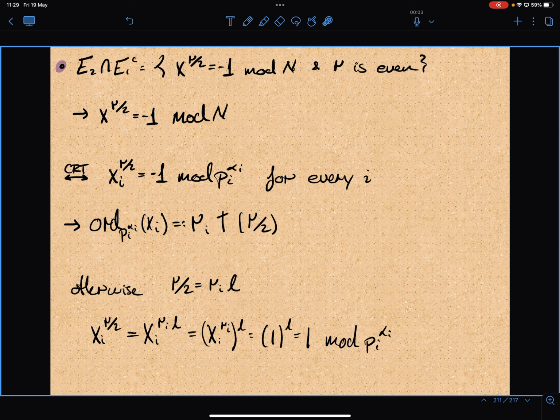So in this intersection of events, we have that x^(r/2) is equal to -1 mod n. And by the Chinese remainder theorem, each component, after we map it to the m-tuple of elements, must be equal to -1 mod pi^alpha_i for every i.